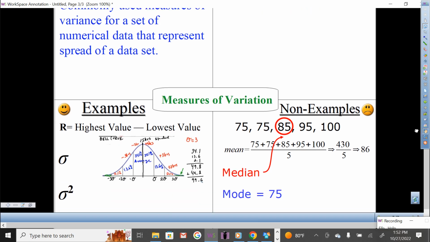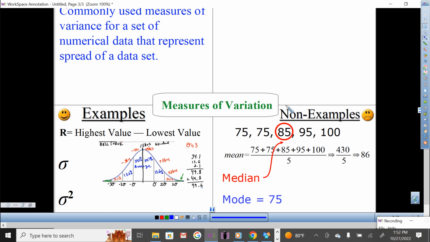So questions. What makes a measure of variation a measure of variation? What do you think? Tell your neighbor a hashtag. What do you write as a hashtag? Hashtag what? Measure of variation. Hashtag what? JC, go. Hashtag range, okay. Man, that went deep right there.